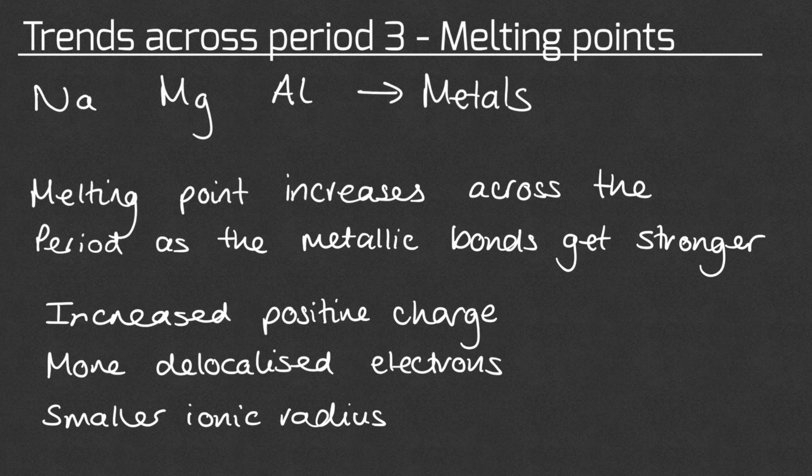And you have a smaller ionic radius as you go across the period, therefore there's a smaller distance between the positive nucleus and the negative delocalized electrons. Therefore, all of these 3 factors give a stronger electrostatic force of attraction between the positively charged nucleus and the negative delocalized electrons, therefore a stronger metallic bond, more energy required to break it, therefore a higher melting point.